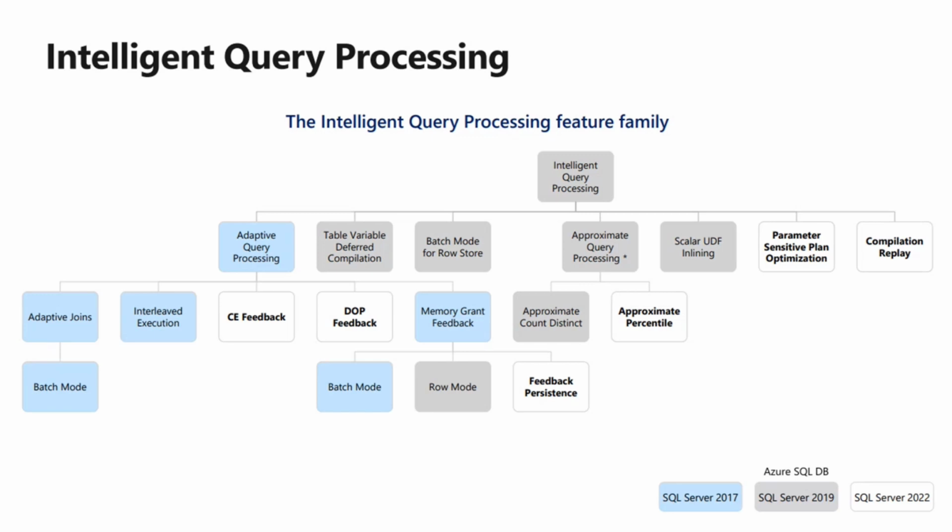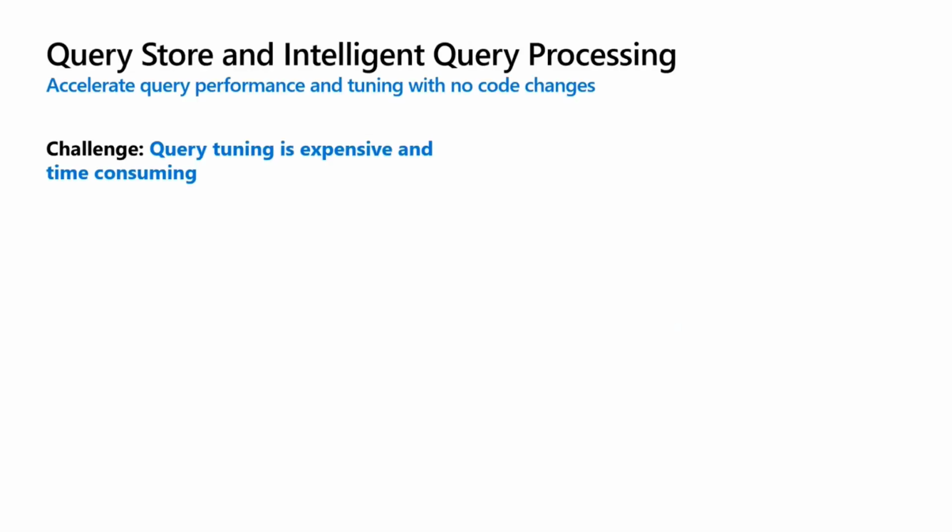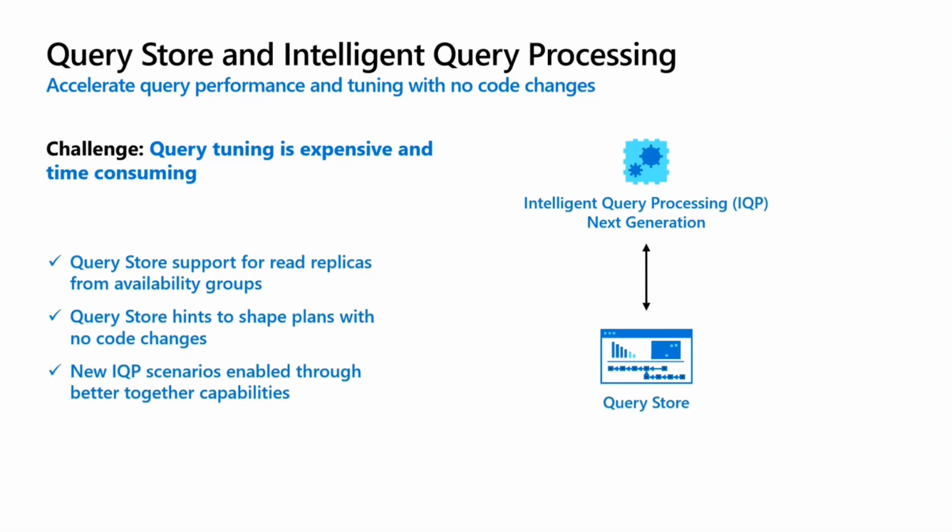So let's see a little bit what we can see with SQL Server 2022 in this area, right? The challenge is that it's still quite complex and expensive to tune queries, right? So what SQL Server is giving to us with this version?